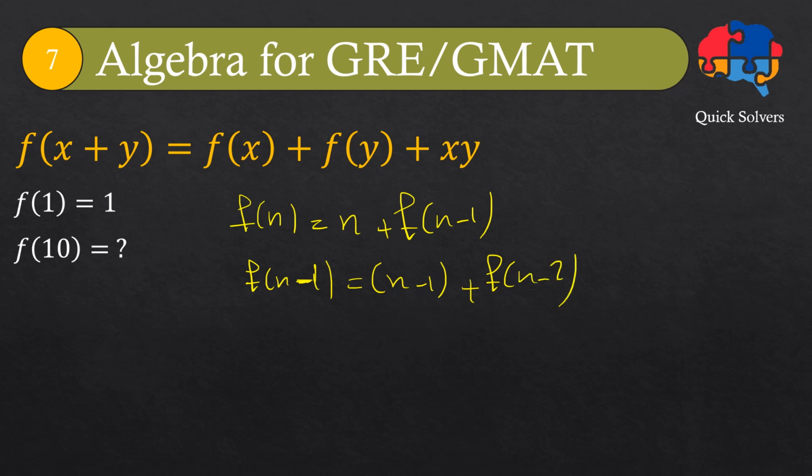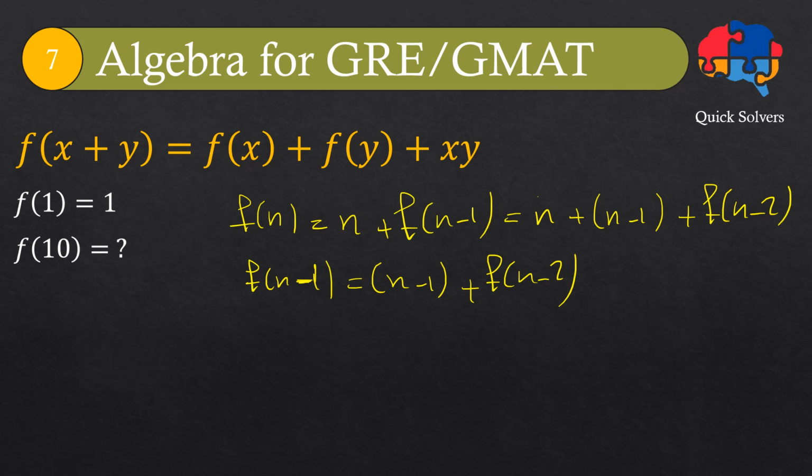If I replace this with this, then this equals n plus n minus 1 plus f of n minus 2. So basically this is telling me that f of n is the sum of n plus n minus 1 plus n minus 2 plus n minus 3 all the way down to 1. And that's actually the sum of n consecutive integers.